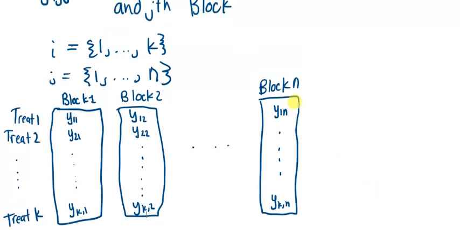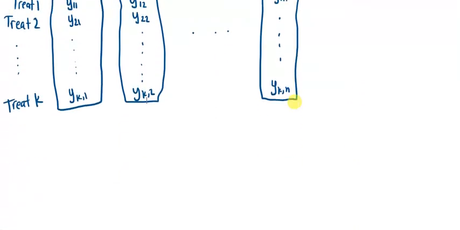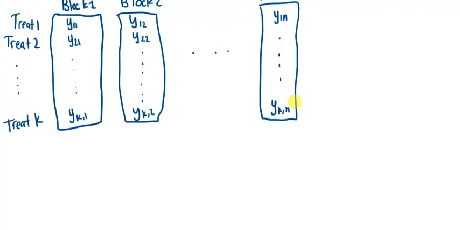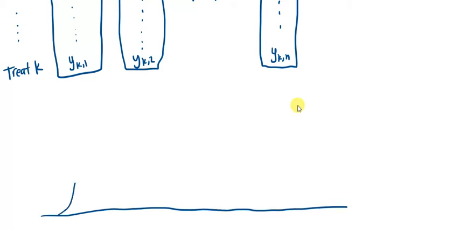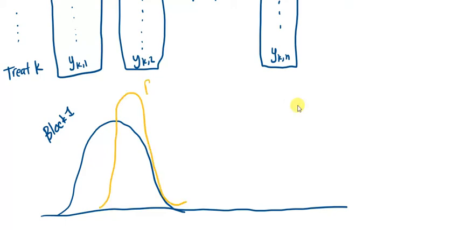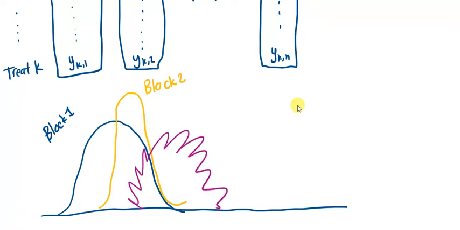So this is a general way to observe the data, and what we assume in Friedman's test, or what we allow for in this particular setup, is that each of these blocks could have a different distribution. So this could be the distribution of block 1, and maybe block 2 looks something like this, and we have a whole bunch of other blocks, and maybe block 3 or block k looks something like this, and any other variation of distributions.